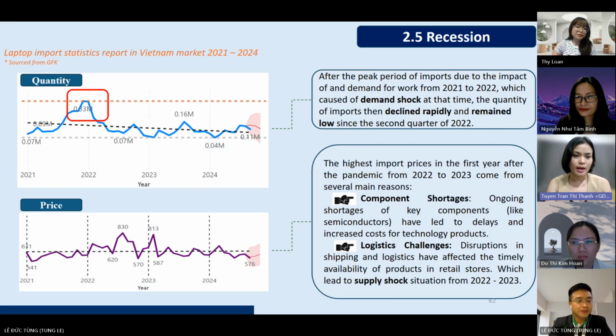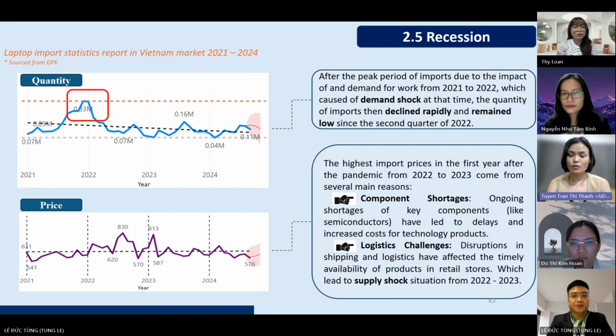Regarding the quantity of laptops imported into Vietnam, after a big period of import due to the demand for remote work in 2021 and 2022, which caused a demand shock at that time, the quantity of imports then declined rapidly and remained low since the second quarter of 2022.